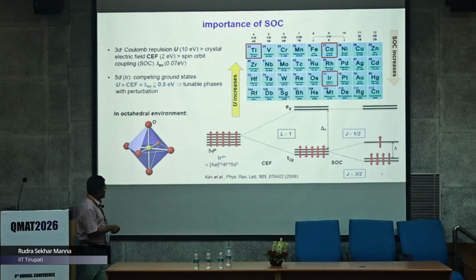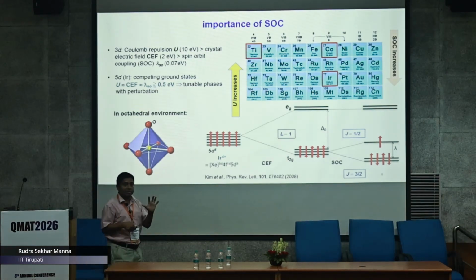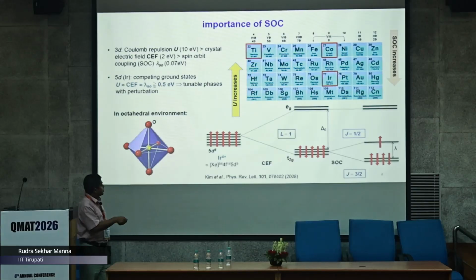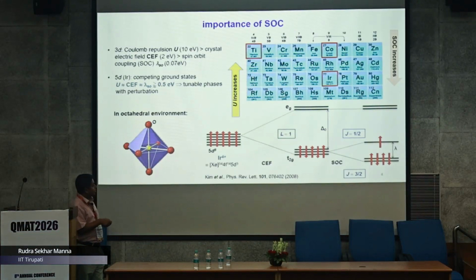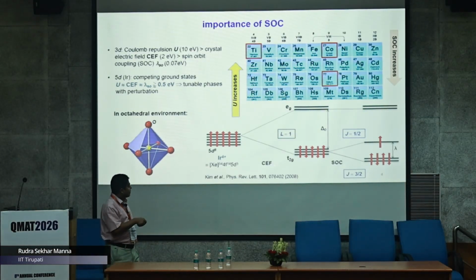Okay. Another interesting point is that if you look at the iridium 4+, for example, as I mentioned, if you do the electronic configuration, then you actually have 5d5. That means 5 electrons in the outer shell. Then if you keep this in the crystal electric field environment, you have this Eg and T2g.